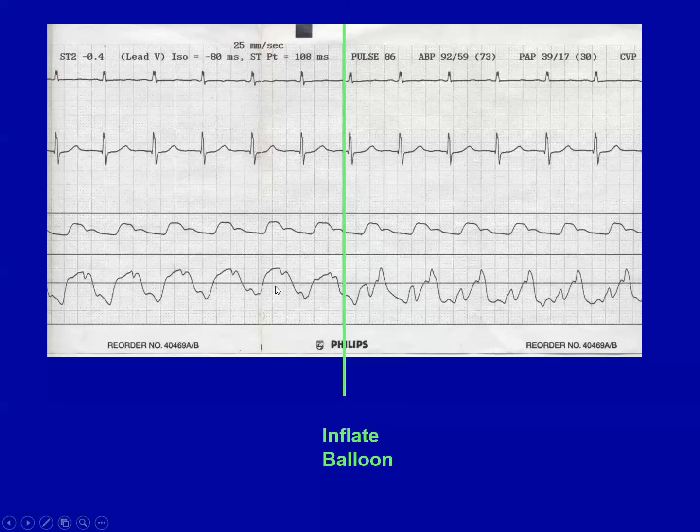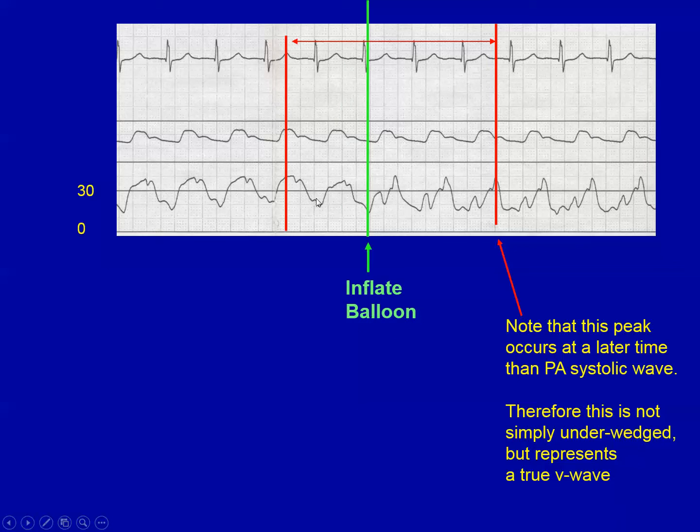Here is before we wedged the catheter and after we wedged the catheter. And if you note that the peak of these waves after wedging the catheter occur considerably later than the peak of the systolic pressure in the unwedged catheter.